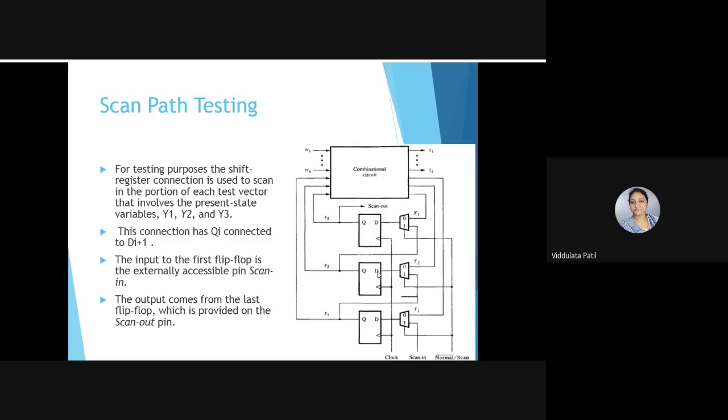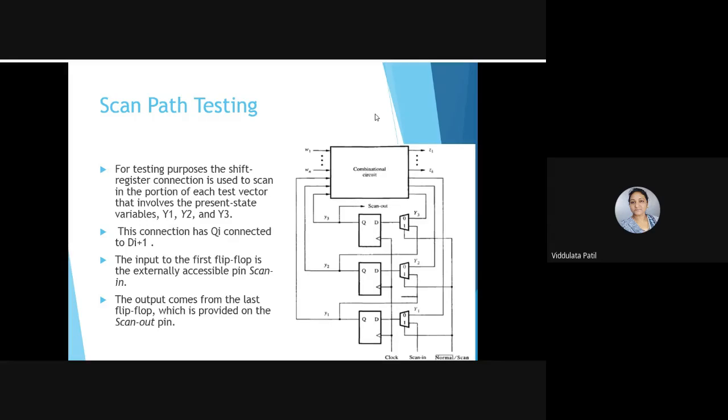After that, the W1, W2 to Wn, that means the input vector portion of the test vector, is applied to the combinational circuit, and normal operation of this sequential circuit is performed for 1 clock cycle. The outputs Z1, Z2 are observed, and the generated values of Y1, Y2 and Y3 are loaded into the flip-flops at this time.